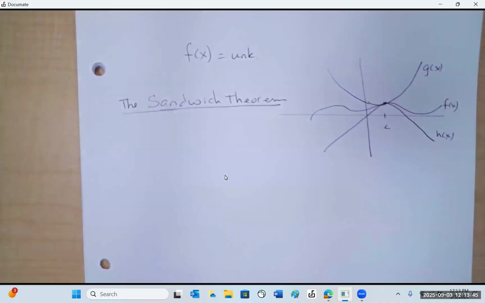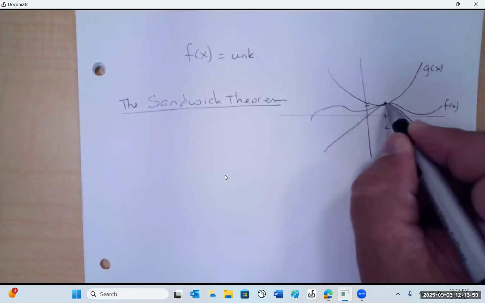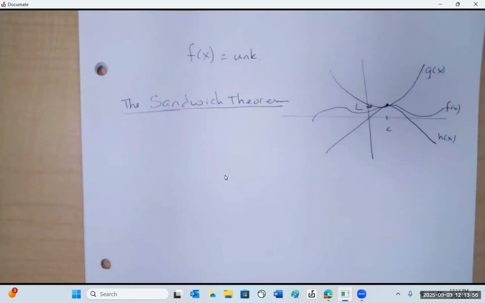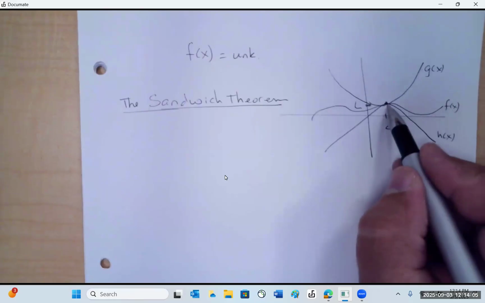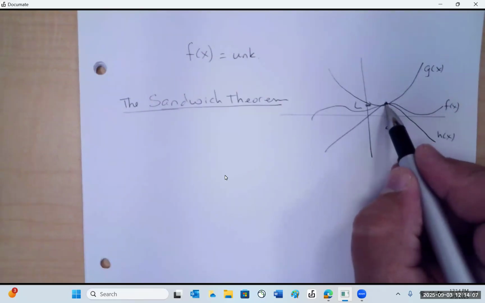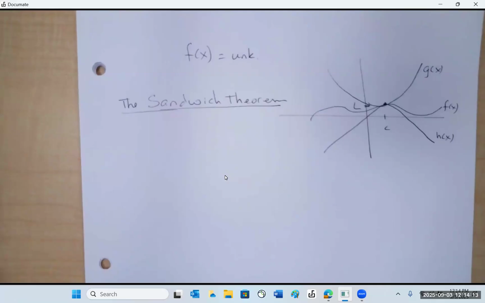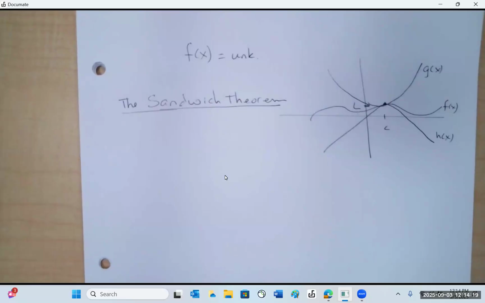One's above it, one's below it. But they both have the same limit. g of x and h of x at c have the same limit. So you see why it's called sandwich now? So if f of x is between g of x and h of x, what do you think the limit of f of x is at c? It has to be L. So that's what the sandwich theorem is. And the hardest part is figuring out a function that works on both sides.